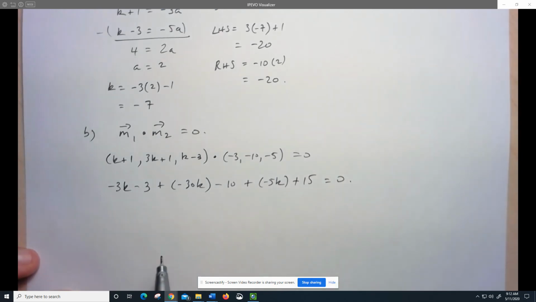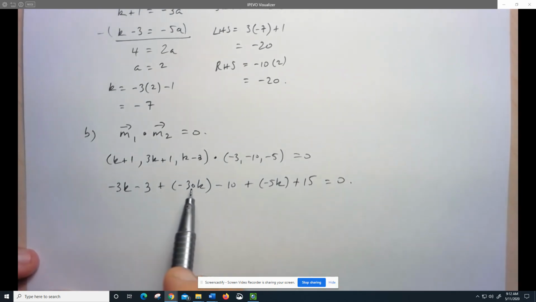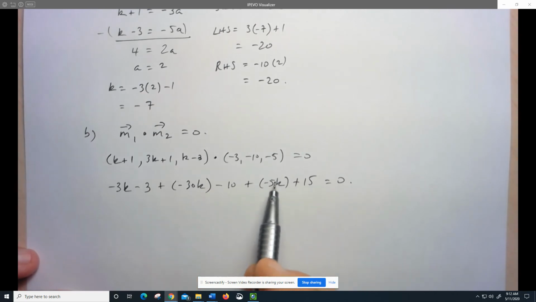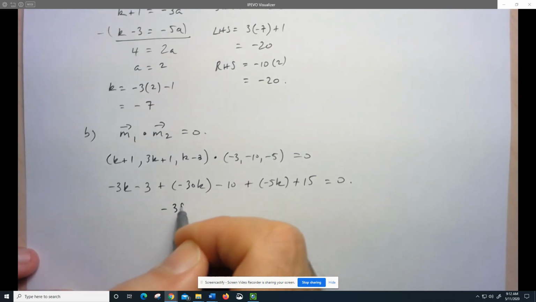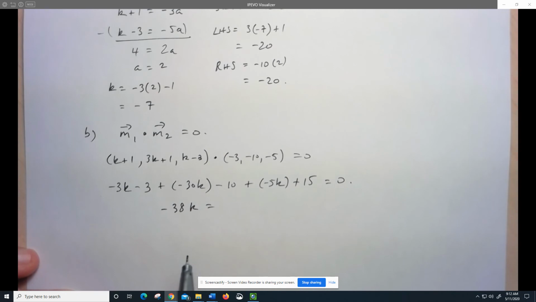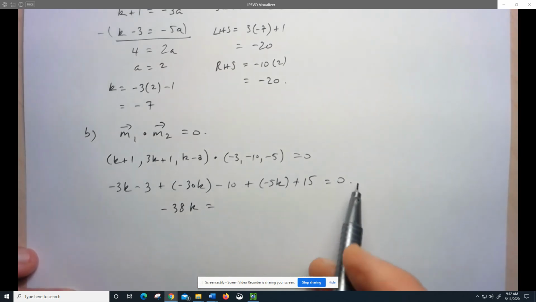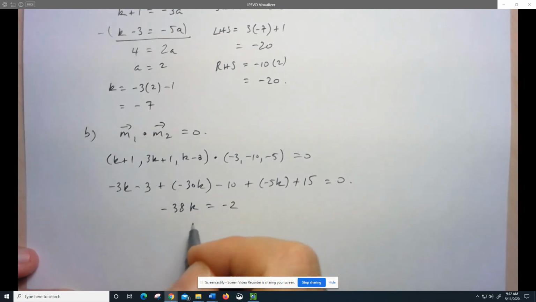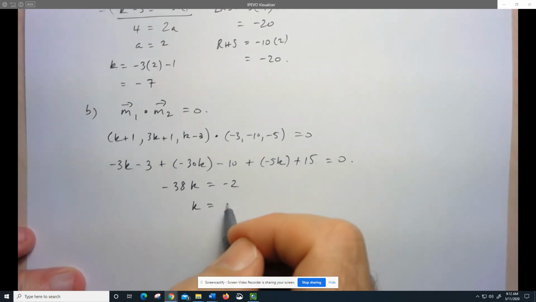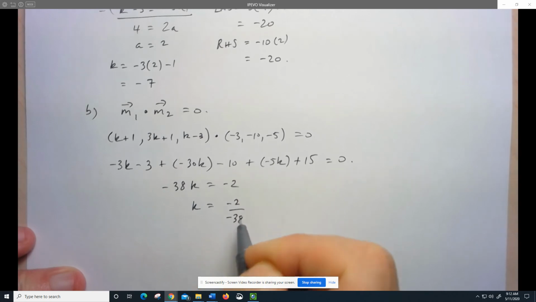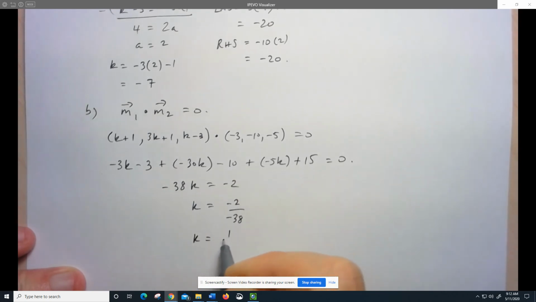So let's bring together all the k's. -3 minus 30 is -33, minus 5 is -38k. And then we'll bring the constants to the other side. So -3 minus 10 is -13, plus 15 is 2. Bring that to the other side, -2. So k needs to be equal to -2 over -38, and we can reduce that to 1 over 19.